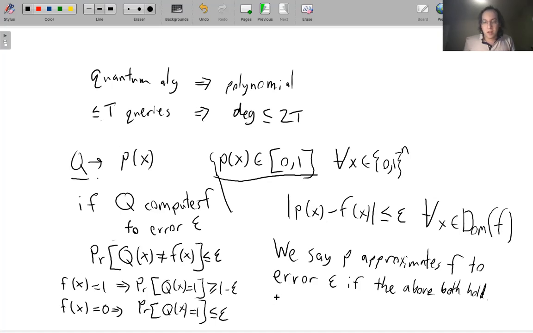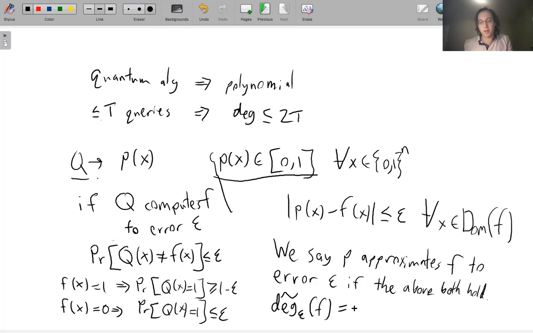Okay. And so we can make a definition. We can define a complexity measure of F. We can define deg epsilon of F, or sometimes with a tilde above it. This is the approximate degree of F to error epsilon.